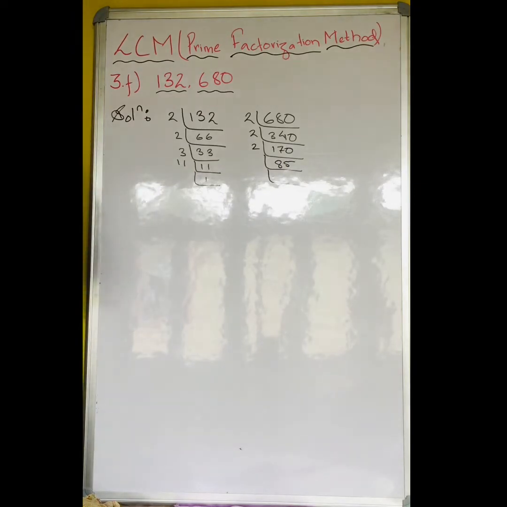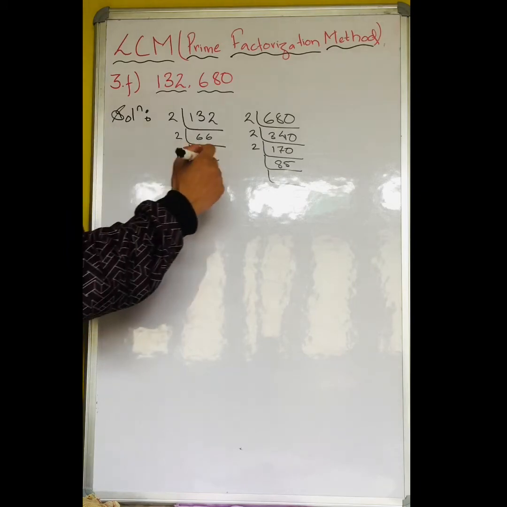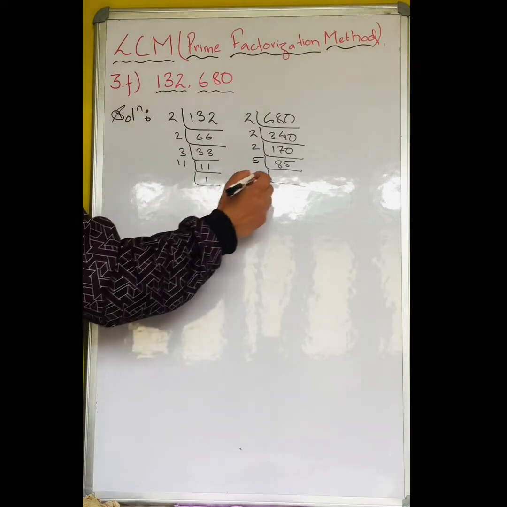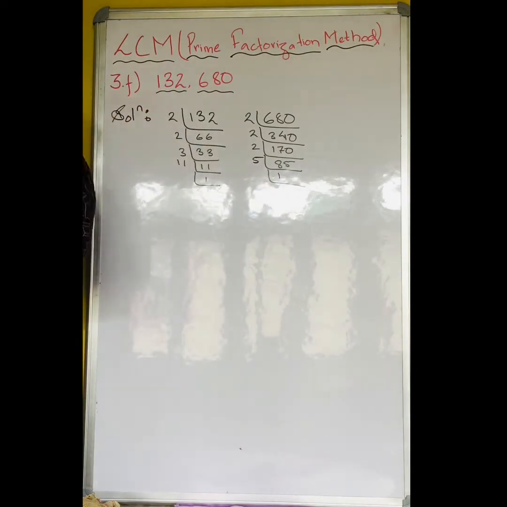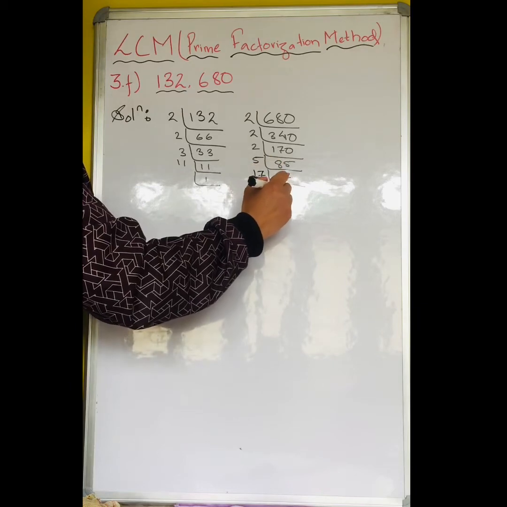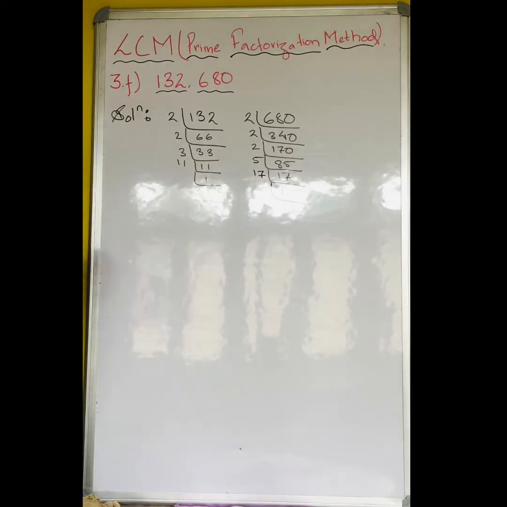So this is not divisible by 2, 3 or 4. So I'm going to divide this by number 5. 5 ones are 5, 5 sevens are 35. So 17 is a prime number, so it can be divided only by 1 or the number itself. So 17 ones are 17.